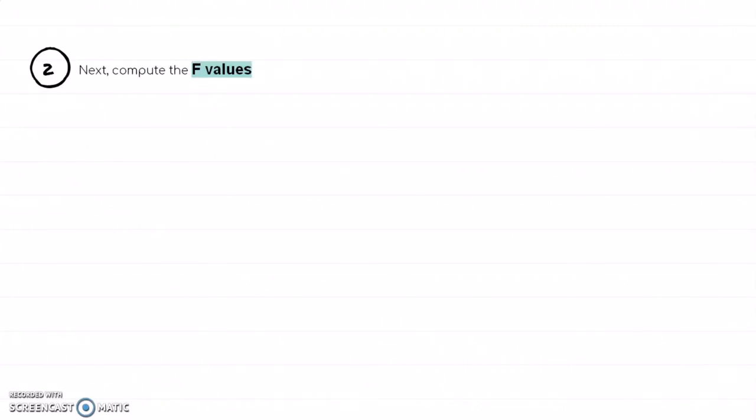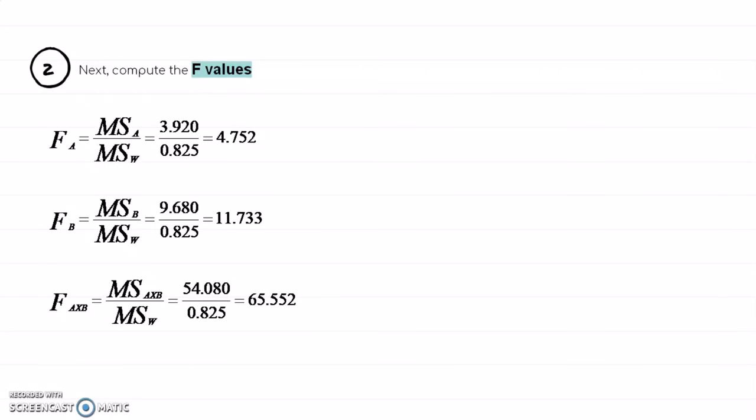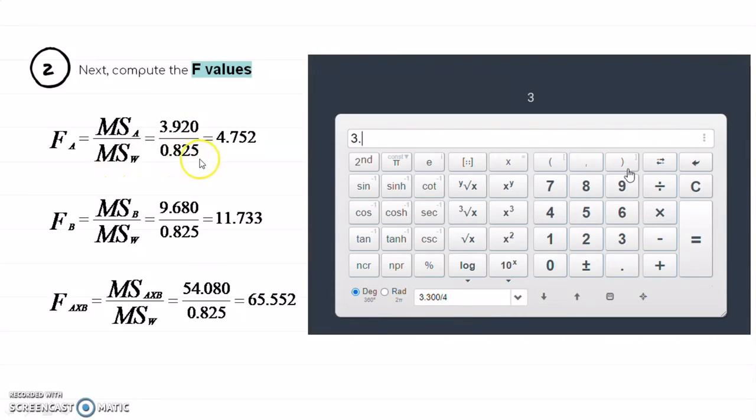So next, kita akan compute the F values. Okay, untuk FA, formulanya adalah mean square A divide by mean square W. So, kita ambil value mean square A yang kita dapat tadi, iaitu 3.920 divide by mean square W 0.825.